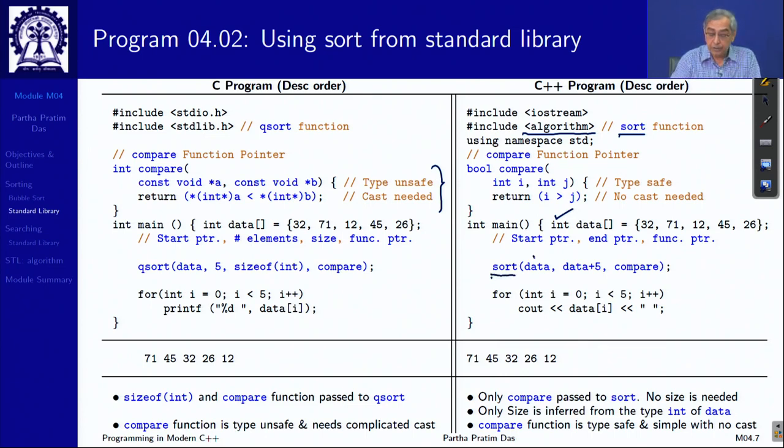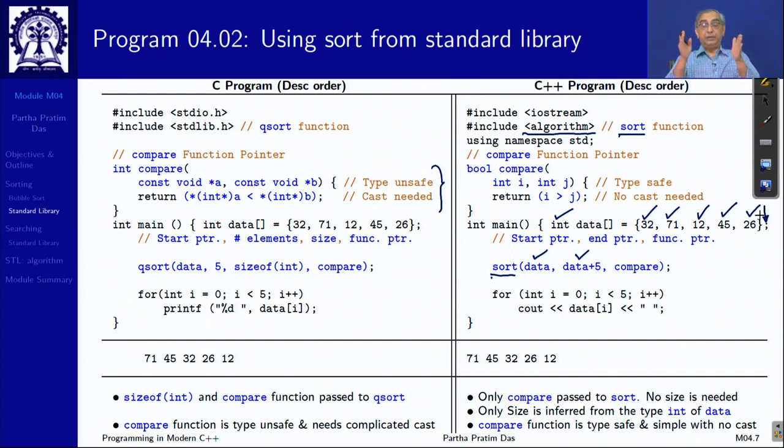You call sort, first you say what is the starting address, the starting pointer. Then you do not really say the number of elements, but you give a pointer to the last element. Data plus 5, what will be data plus 5? This is data, this is data plus 1, data plus 2, data plus 3, data plus 4. So, data plus 5 is here.